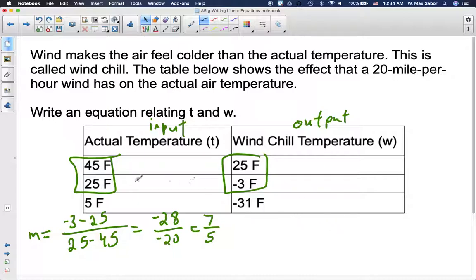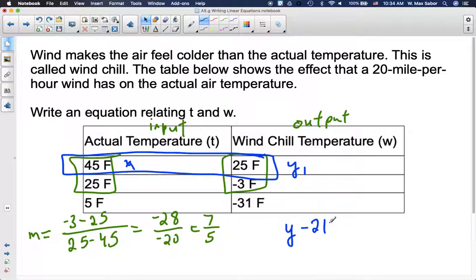Then we can use one of these points. So we can say, let's use this point. This will be x1, this will be y1. And we can say y minus y1, which was not 21, it was 25, equals the slope, 7/5, times x minus x1, 45.